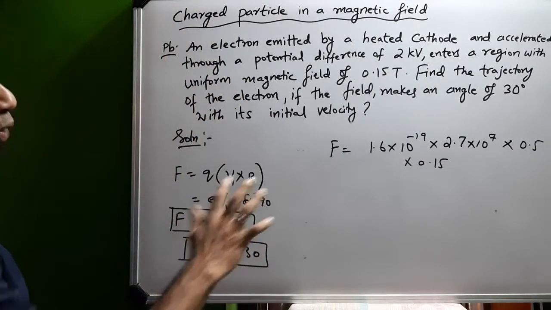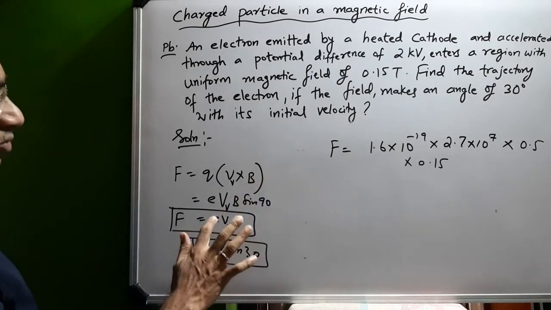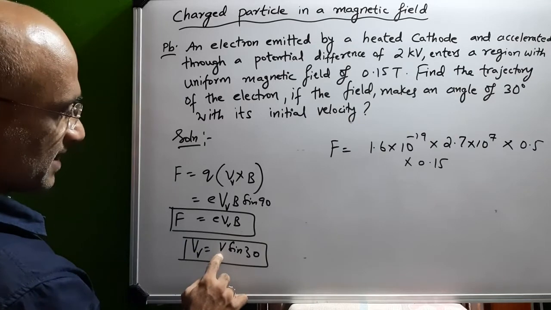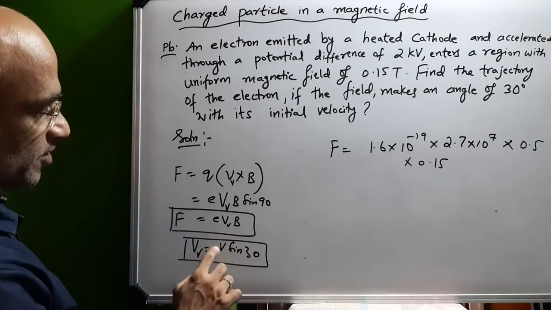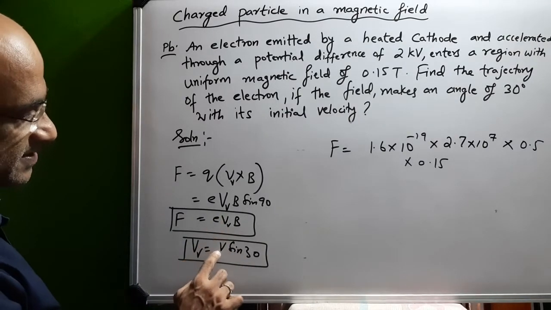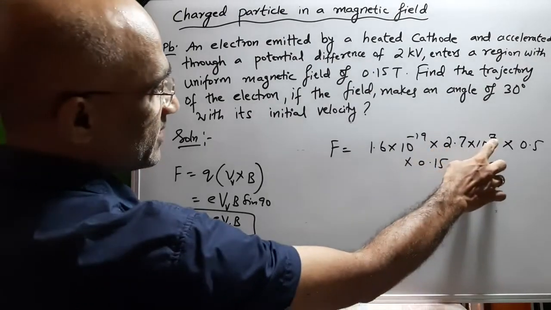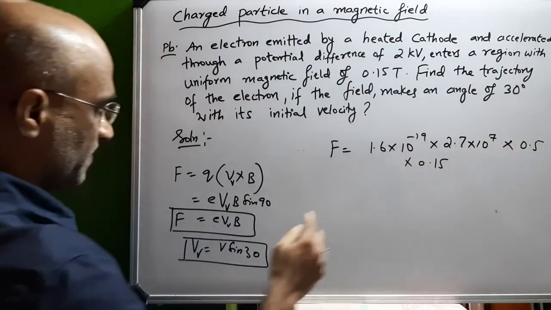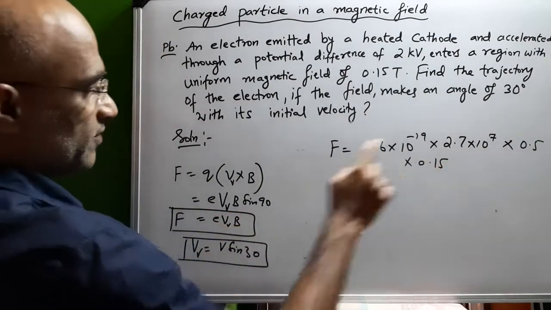So we have the expression for force, which is 1.6 into 10 power minus 19 into the vertical component velocity V sine 30, with V the earlier found value 2.7 into 10 power 7, into 0.5, into the value of the field.